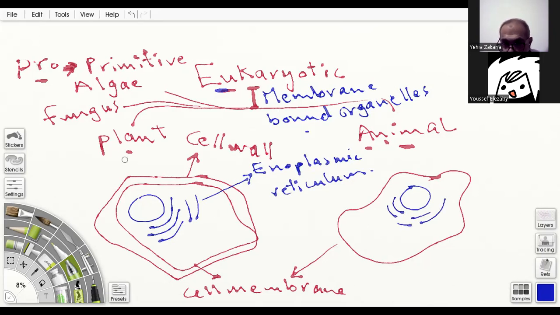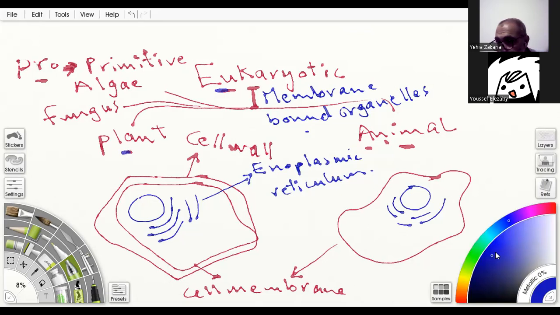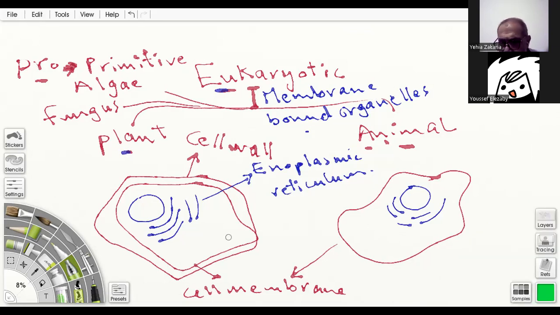Plant cell has a specialized structure for performing photosynthesis. Do you understand what I mean by photosynthesis? It helps the plant cell to build up or synthesize their own food.